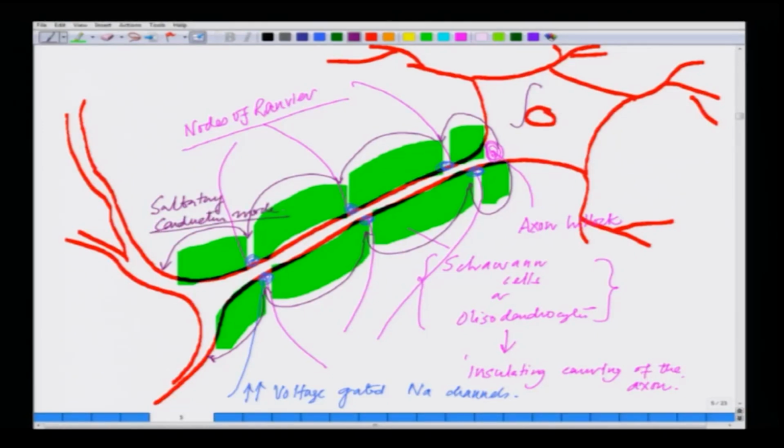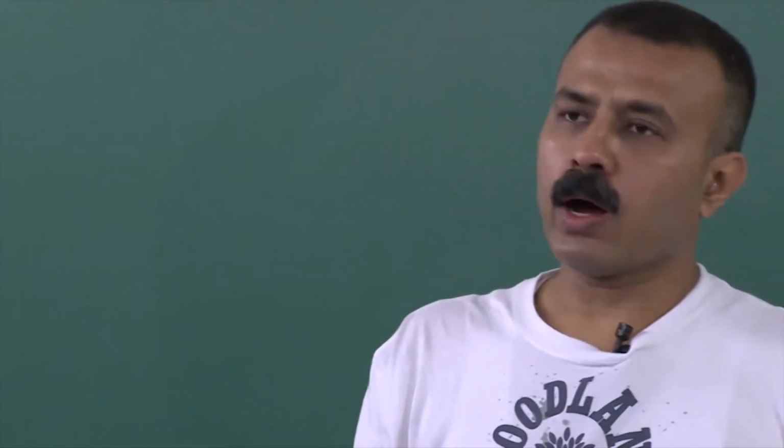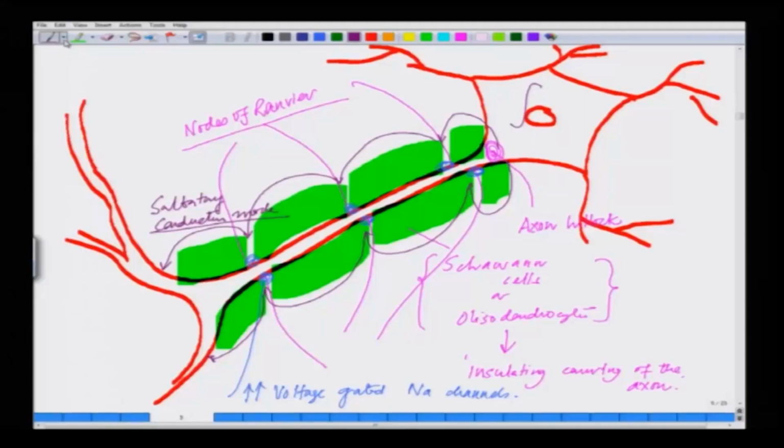Okay. So, at this stage what is happening? Now, once you are at the zone where it is in contact with, okay, so this is the zone where this whole structure is in contact with the muscle. Okay.